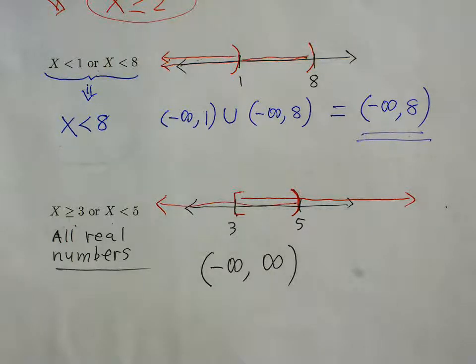Okay, we'll do a few examples that are a little more involved. But once we get x, or whatever the variable is, all by itself in each of the inequalities, then we'll just apply what we did in the basic examples.